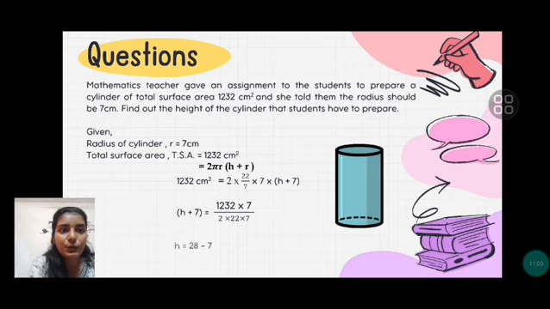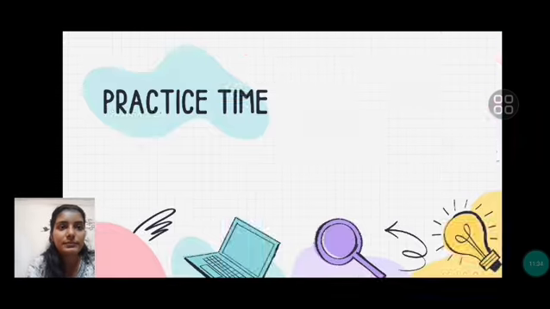So h plus 7 will be equal to 28. We will take the 7 to the right side. So we will get h is equal to 28 minus 7, and the answer is the height is equal to 21 centimeters. So the students have to prepare a cylinder of height 21 centimeter and the radius is 7 centimeter. I hope this is clear.